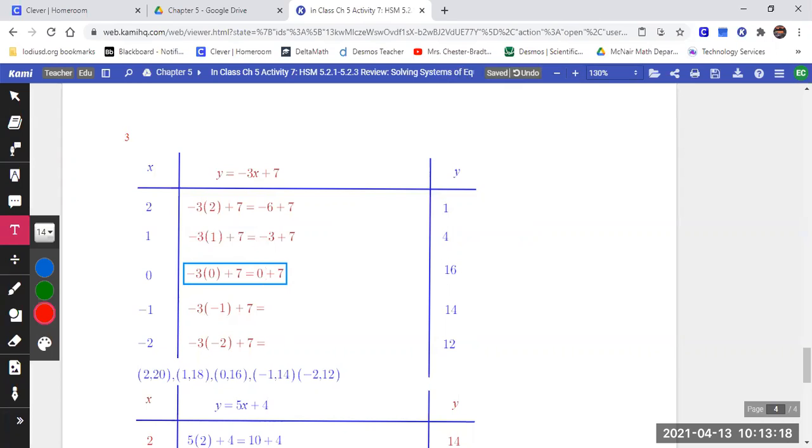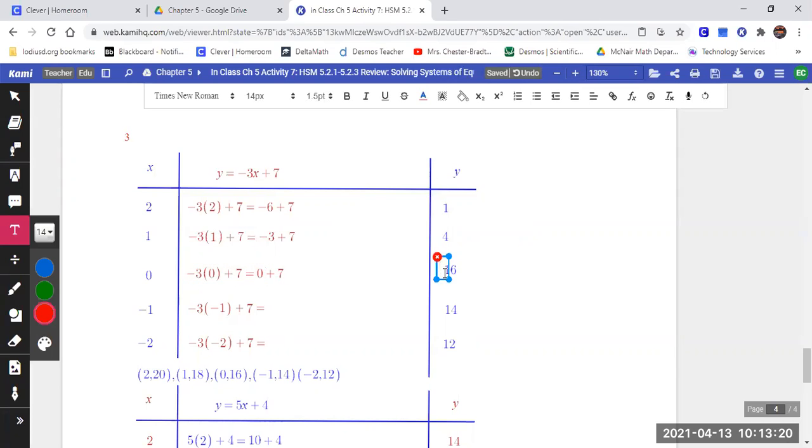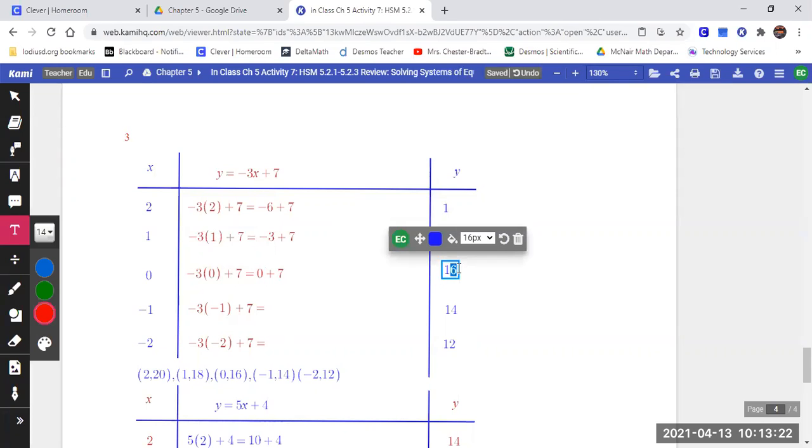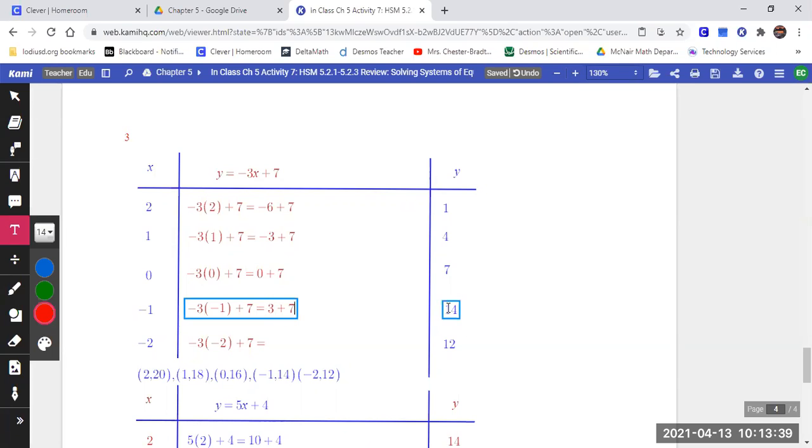Zero plus 7. Easy. 7. We like the zeros because they're kind of easy. How about the next one? -3 times -1. What's going to happen? +3 plus 7. What are we going to have then? 10. Someone other than Delilah, come on.